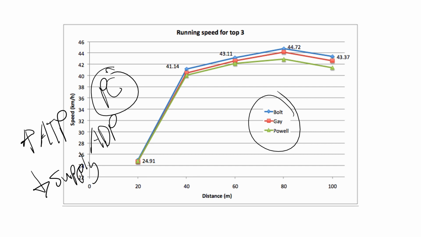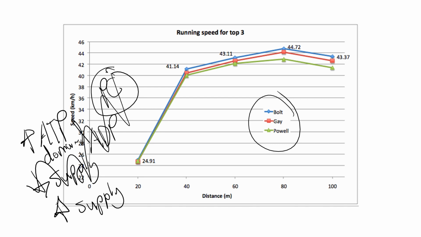So by activating this phosphagen system, this is what's happening during the race in all three of these sprinters within their muscle fibers. They're meeting their ATP demand. The phosphagen system can run fast enough so that ATP demand is being met by supply.